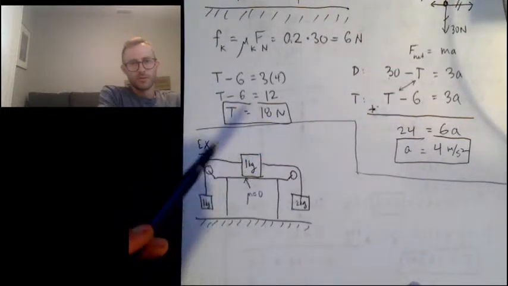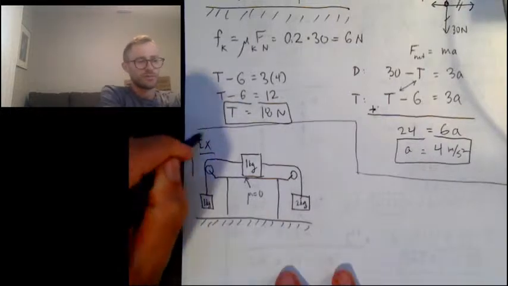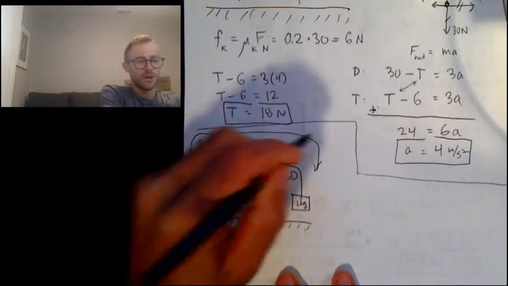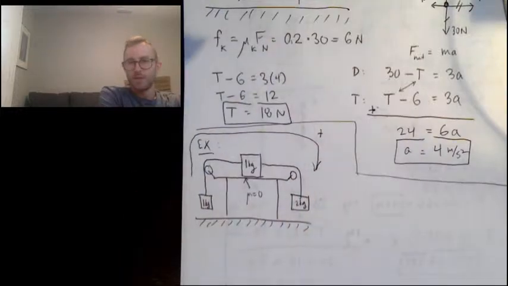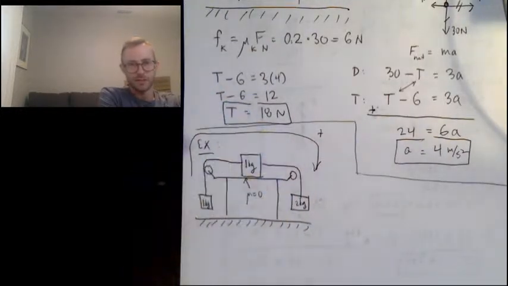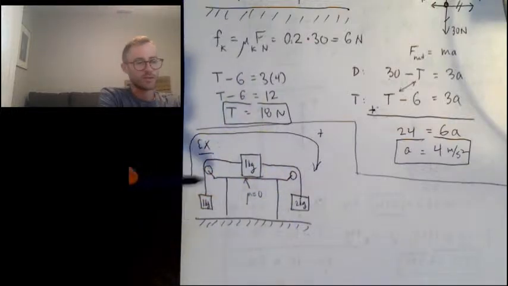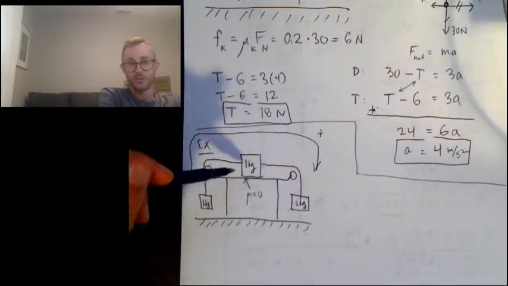For this problem, I am going to choose this to be the positive direction. Why? Because I know that this 2 kilogram mass is competing against the 1 kilogram mass for which way the system is going to move. The 2 kilogram is bigger, so I know the 2 kilogram is going to fall, the 1 kilogram is going to rise, and this 1 kilogram is going to move to the right.